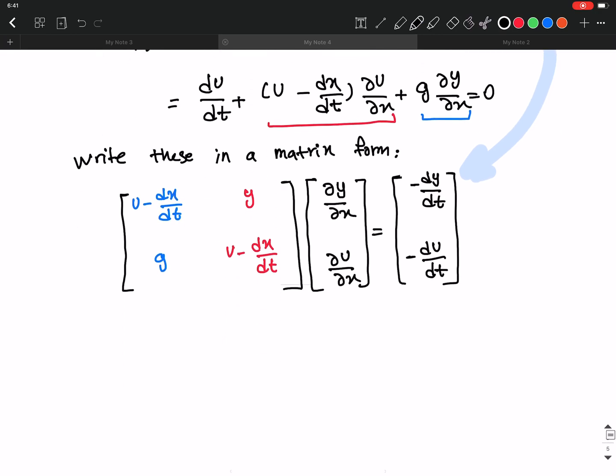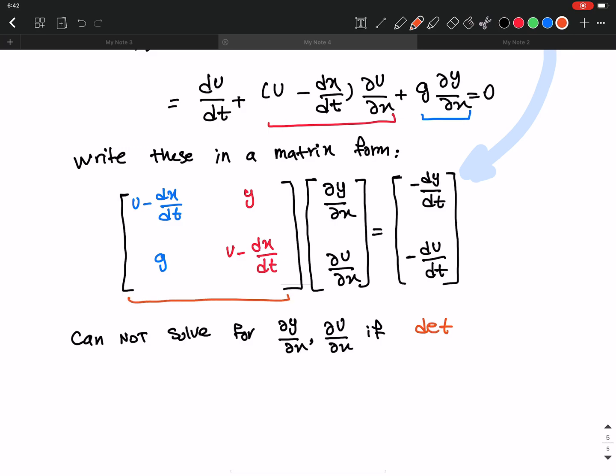And we cannot solve this matrix for partial y partial x and partial u partial x if the determinant of this matrix is 0, right? So if this is matrix A, if the determinant of A is 0.